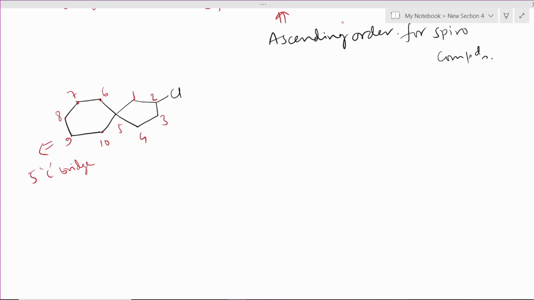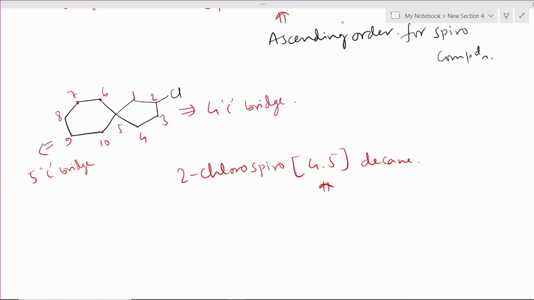Here 1, 2, 3, 4, 4 carbon bridge. So the name will be 2-chloro spiro[4.5], this in ascending order.